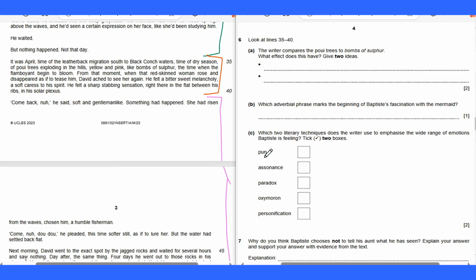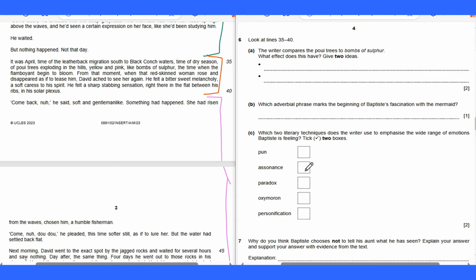Pun, assonance, paradox, oxymoron, or personification. 10 seconds from now. Alright. It says 2 and the 2 is in bold, so we have to give exactly 2 answers.